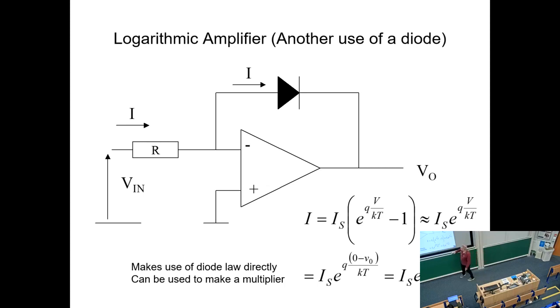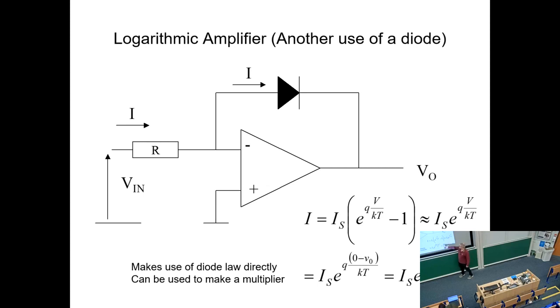And we know that we've got V out at one end of the diode, and we know that the other end is at 0 because of the virtual ground. So we can work out that this is what's going on at the diode end of things. That's the voltage difference across the diode, 0 minus V out.